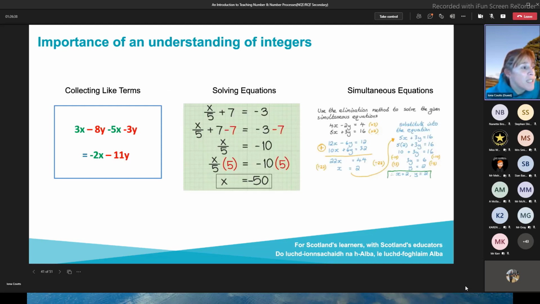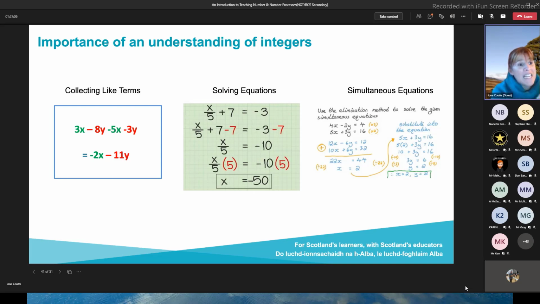So why is all this really important? Well, when we start collecting like terms, it's helpful here. If we look at this first example, apologies if anybody struggles to see green and red, if we have our 3x and our -5x, and an understanding of zero pairs, we can see that we've got 3 positive x's and 5 negative x's.